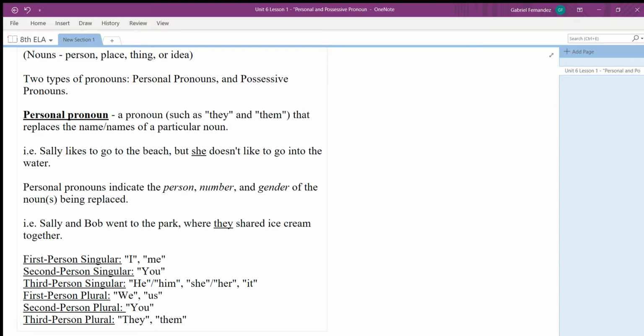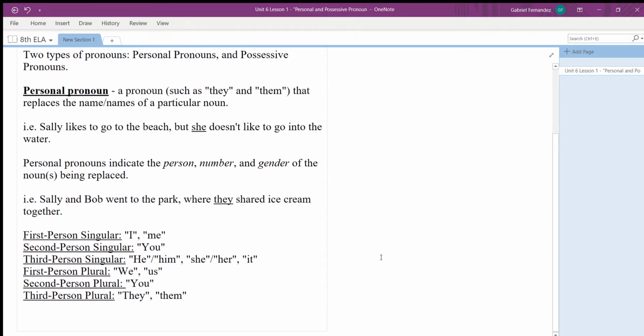And that wraps up personal pronouns, okay? You know that singular refers to one, plural refers to many. First person is the person who is speaking. Second person shows who is being spoken to. Third person shows someone or something that is being spoken about, okay?